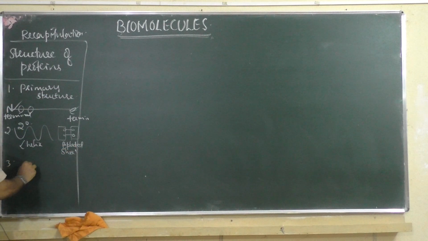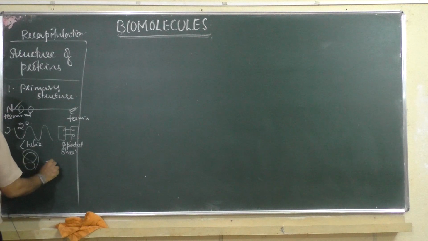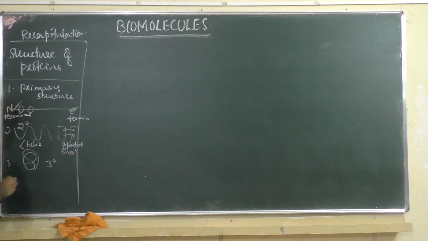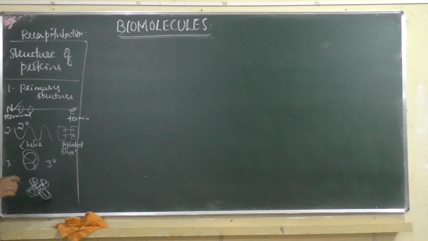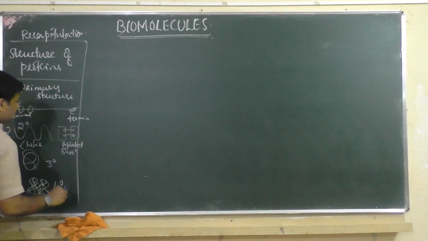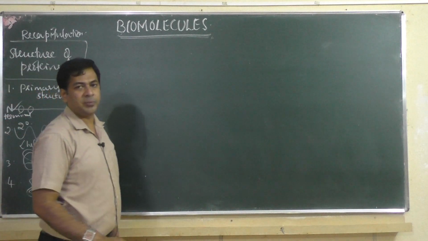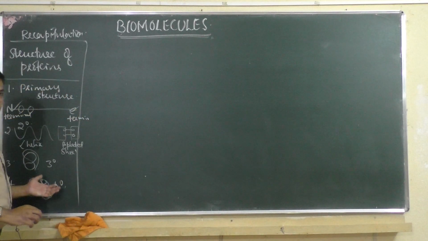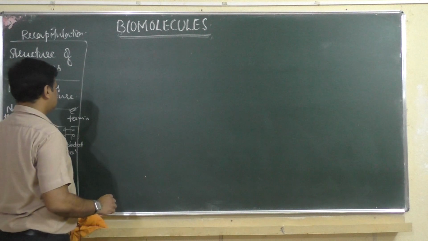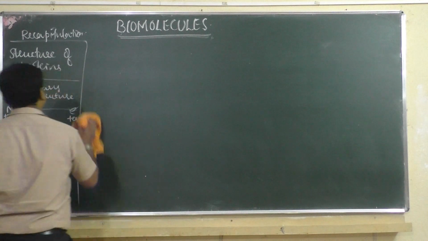Then it is slightly coiled, that is the tertiary structure. Then if they are highly coiled, that is the quaternary structure. To have particular biological activities in the body, it should have some coiled shape also. This is what we learnt in our last class.